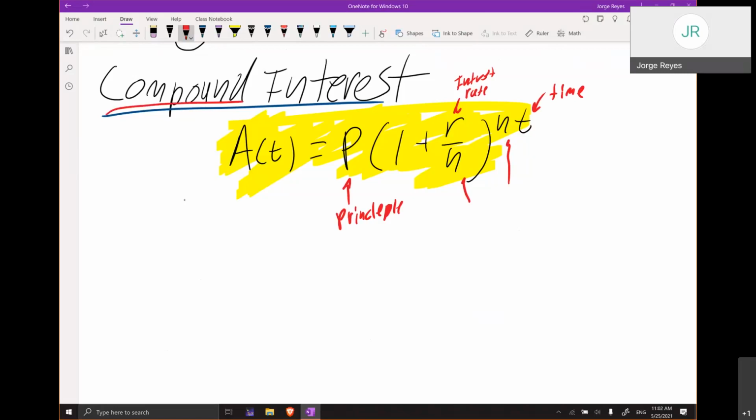N is what I'm going to call the number of times you compound in a year, which is kind of complicated, and we will explain. And then A is what you're looking for. A is the amount, the total amount you get after.